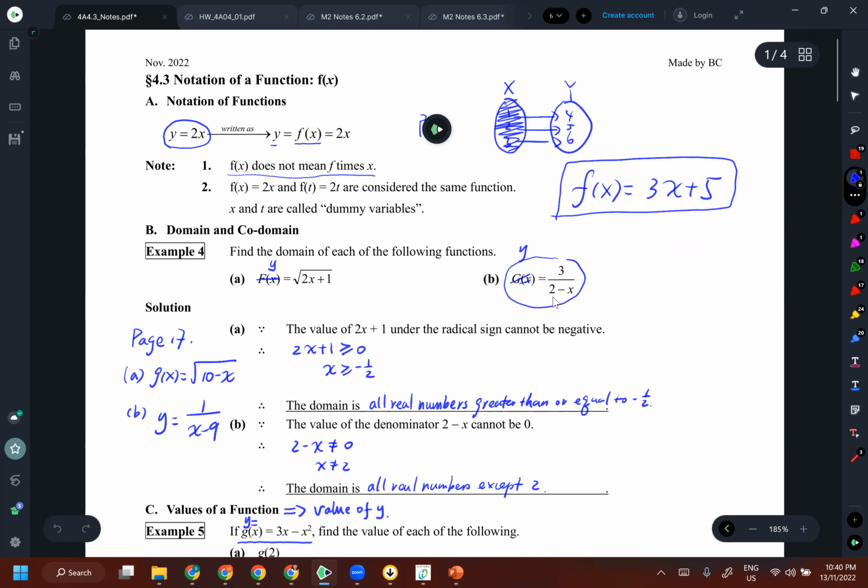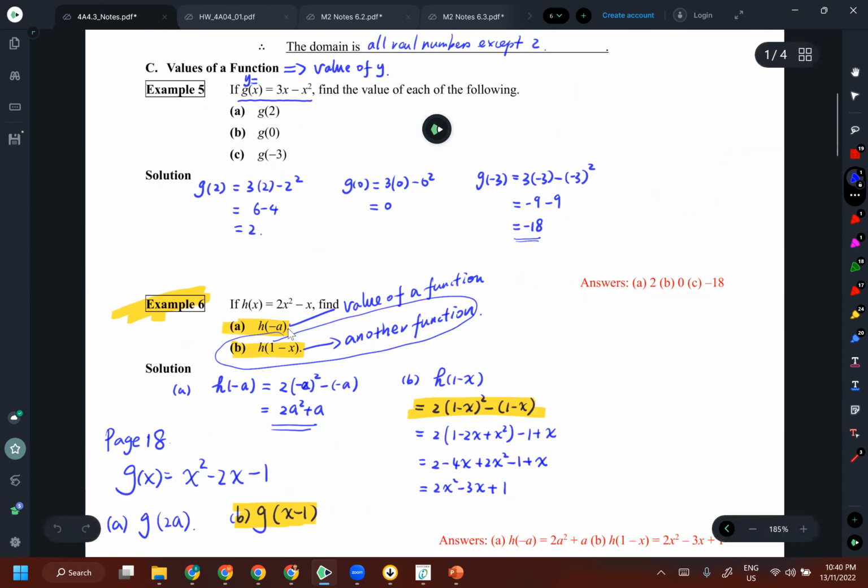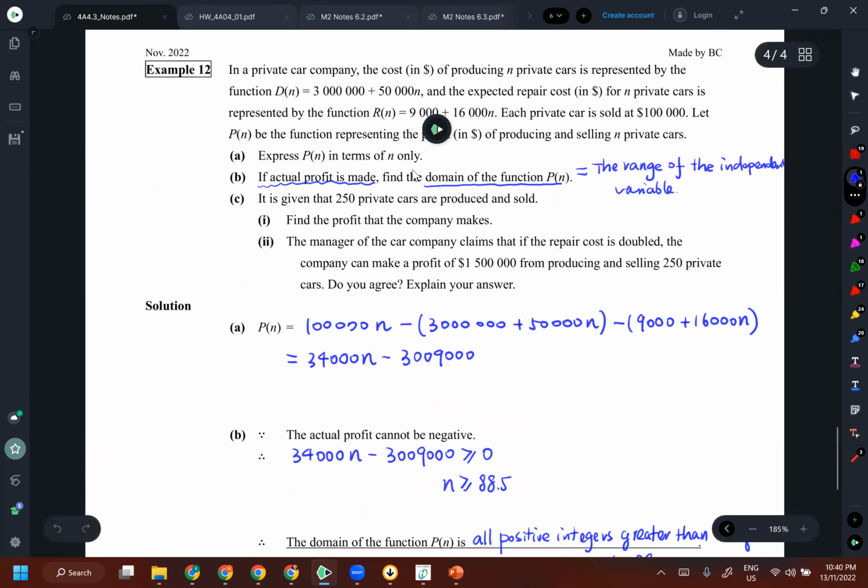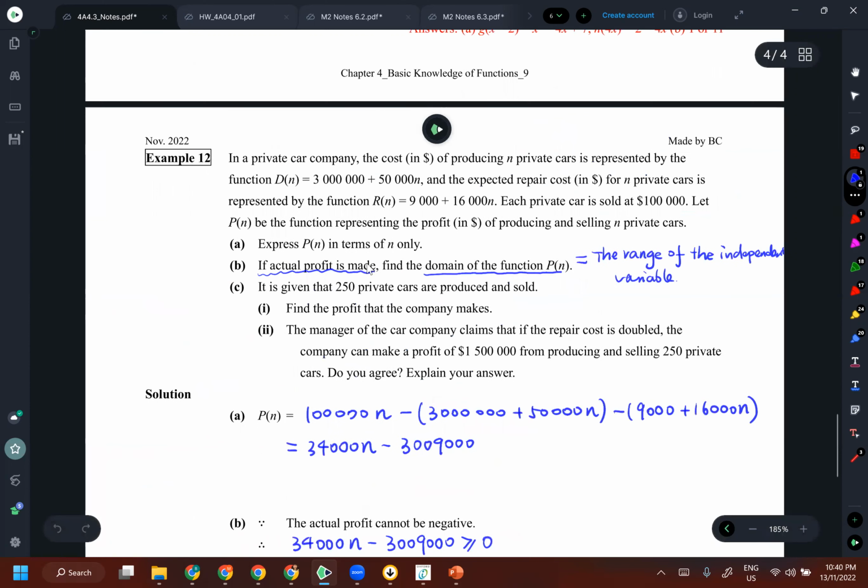Right? Find the domain. And at that time, you are facing a function that is abstract without any actual meaning, meaning that I don't know what y is, I don't know what x is. But right now in example 12, the functions that you are facing now have an actual meaning, like P is the profit, N is the number of cars.